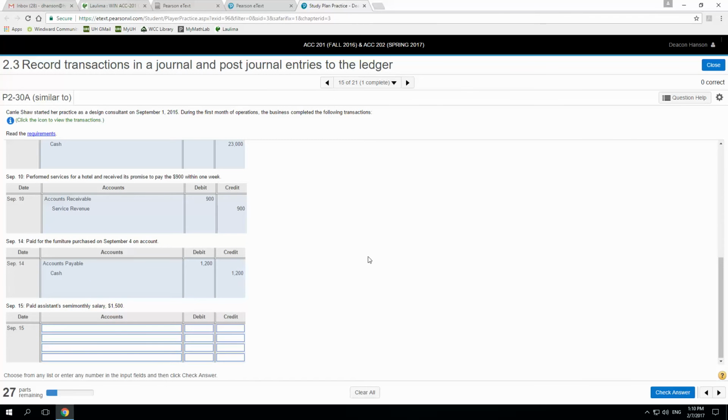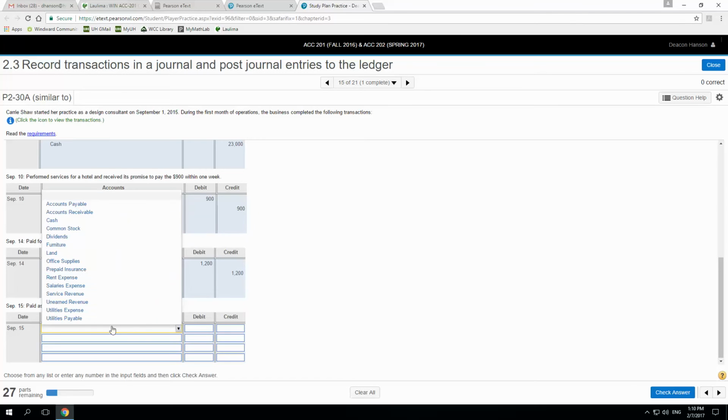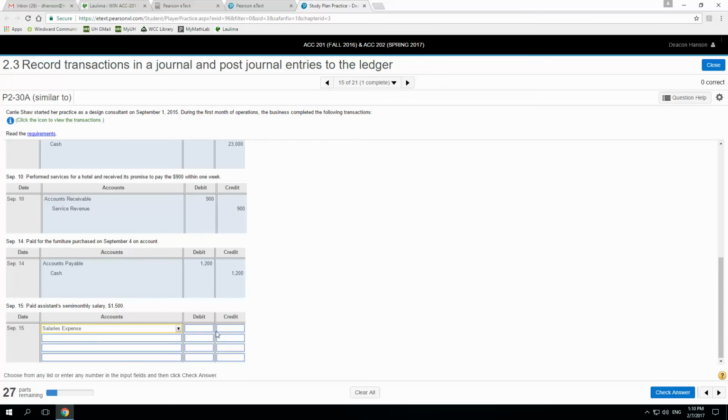Paid the assistant's semi-monthly salary, $1,500. That's a salary expense. Expenses increase with debit, so I'm going to debit salaries expense, $1,500. And the word in here, that verb, right? Paid, past tense of pay. Whenever you see paid or pay, that means that we use cash, right?